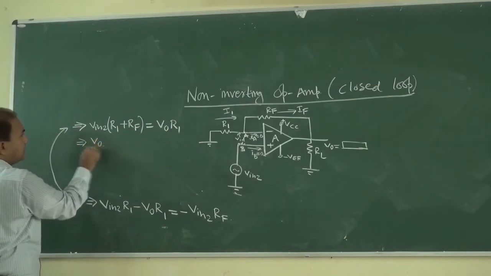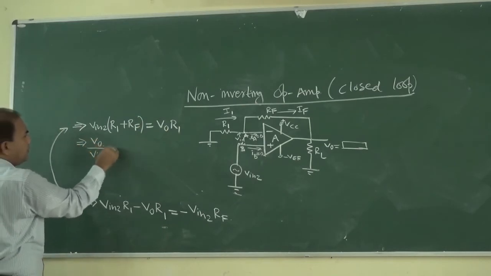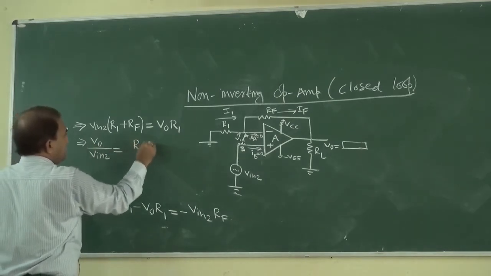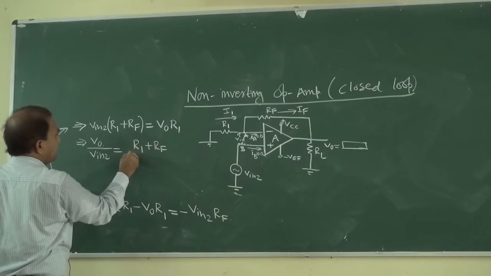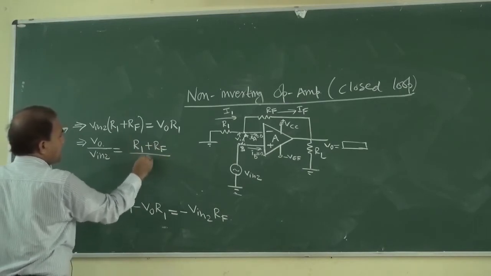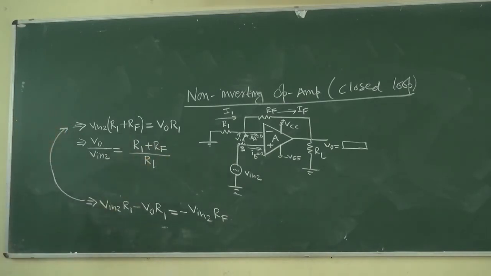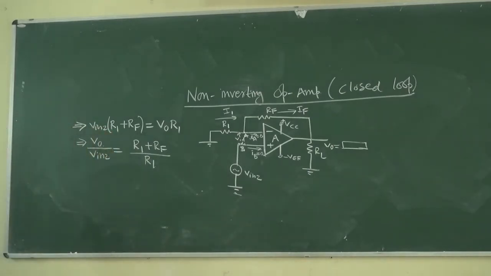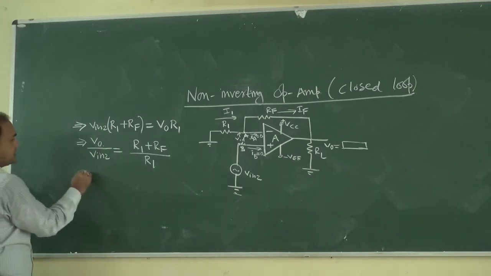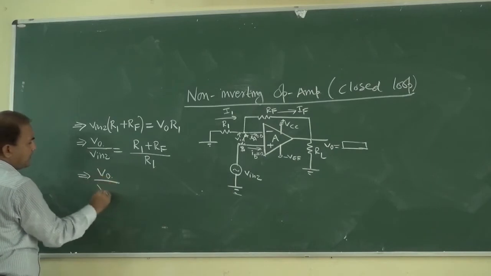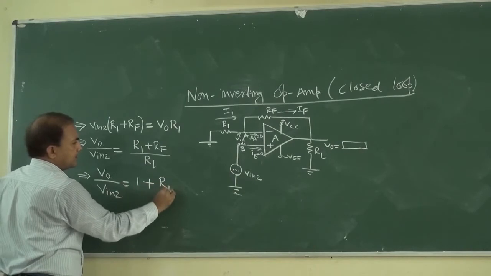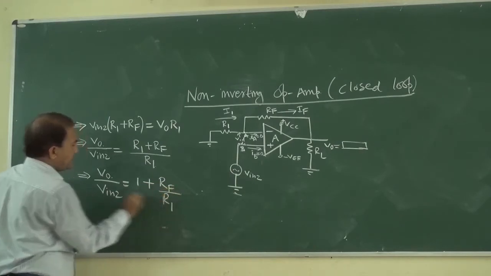So V output divided by V in is equal to R1 plus RF divided by R1. So V output divided by V in is equal to 1 plus RF by R1.